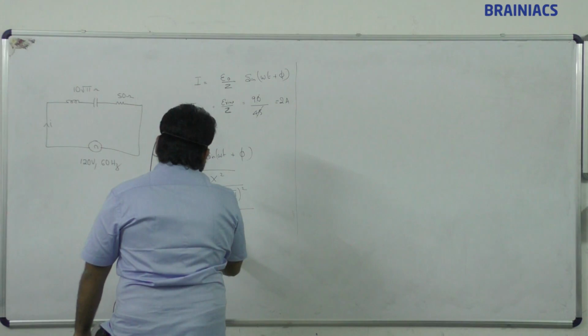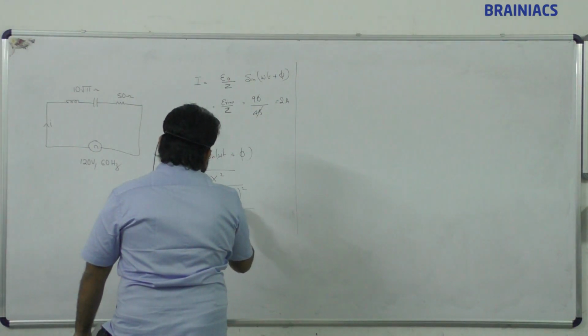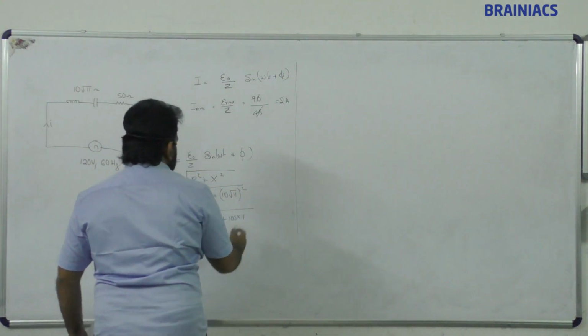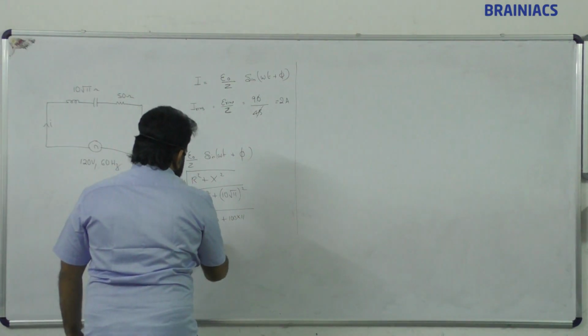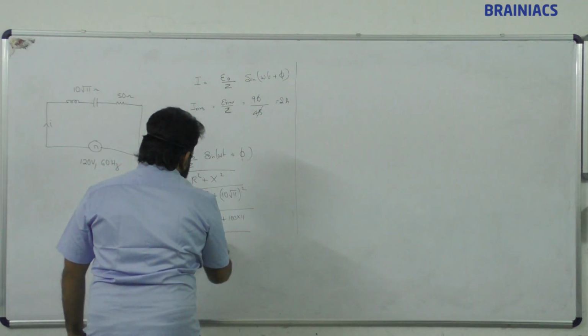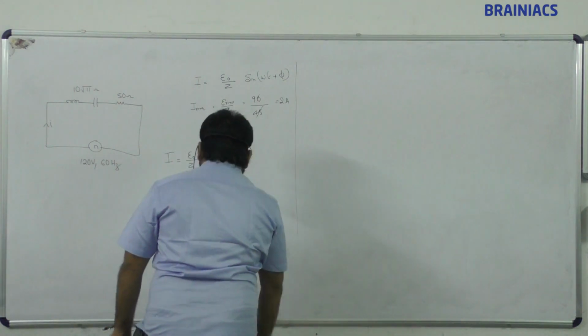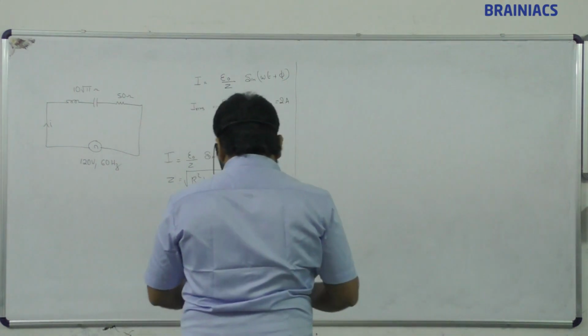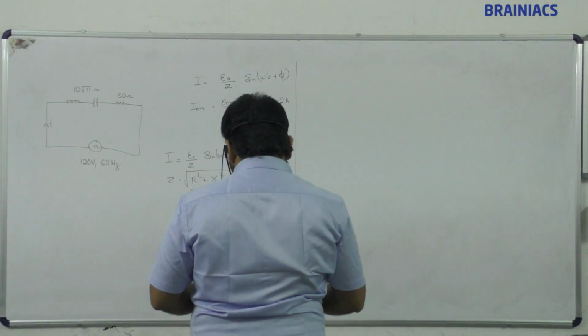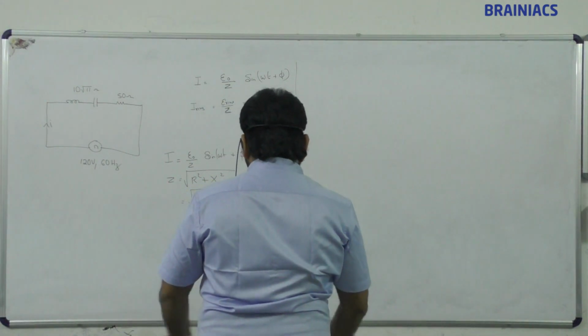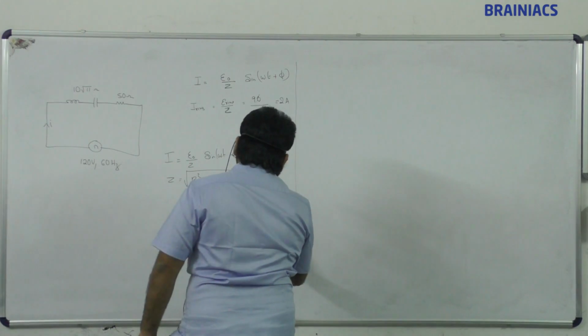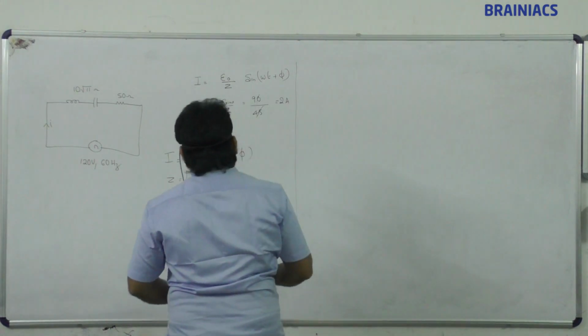That is 2500 plus 100 into 11, so this is going to be 3600. So 60 ohm is the impedance.